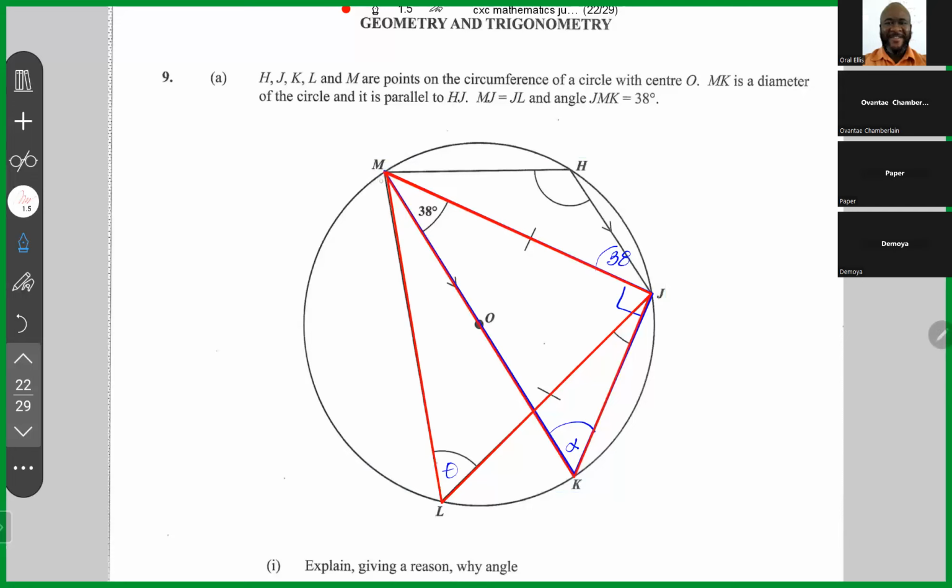One starts at M, goes down to L, and then back to J. The other starts at M, goes down to K, and back to J. The angle here was 52 degrees, so if this angle is 52, this angle which I'm searching for is also 52. The two angles are called angles in the same segment. All right, let's move on.